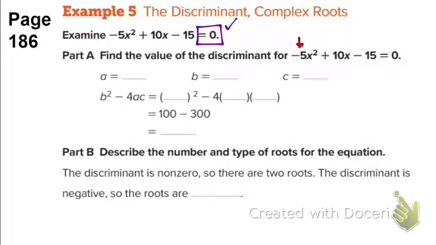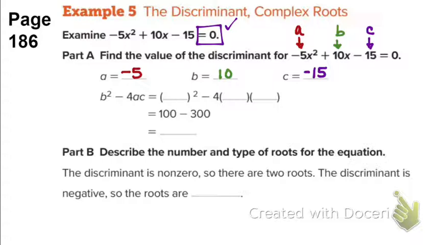All right, so our value for A is negative 5. Our value for B is positive 10, and our value for C is negative 15.